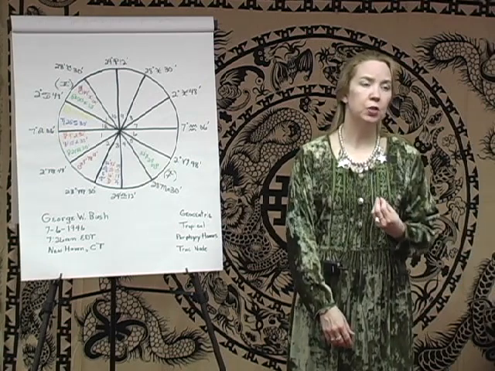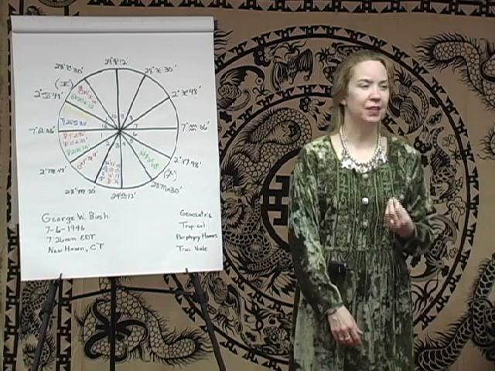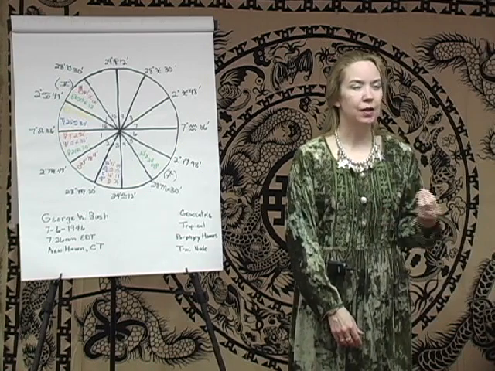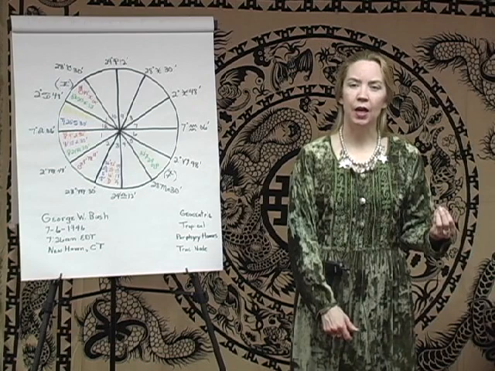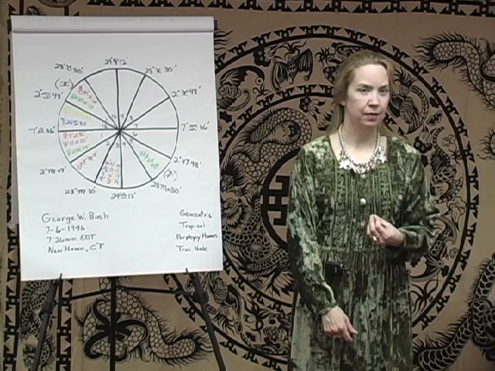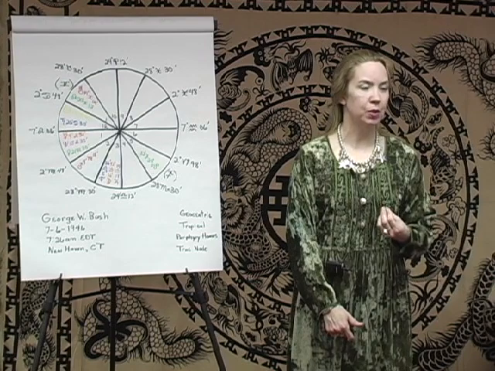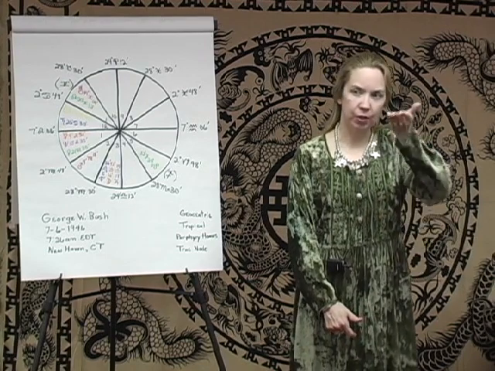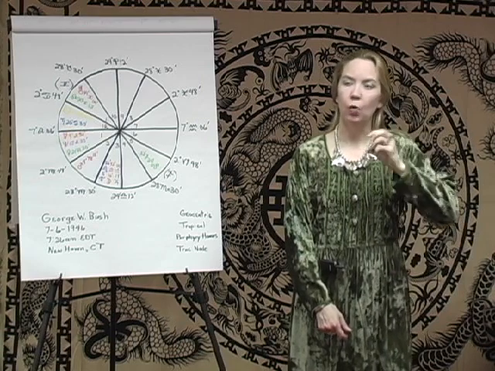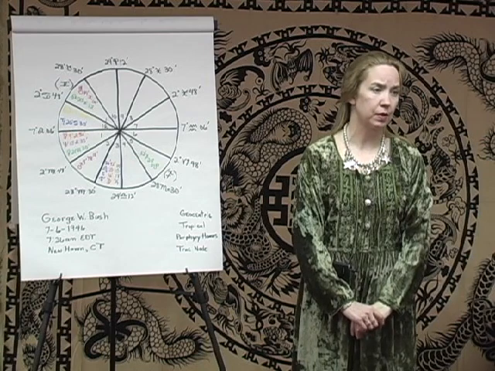One client will come to you and say, when am I going to win the lottery and become a millionaire? The next client will come to you and say, when am I going to have inner enlightenment? They can both have the same planetary symbols, and the different evolutionary states of the soul will have a different manifestation of the same planetary symbols.